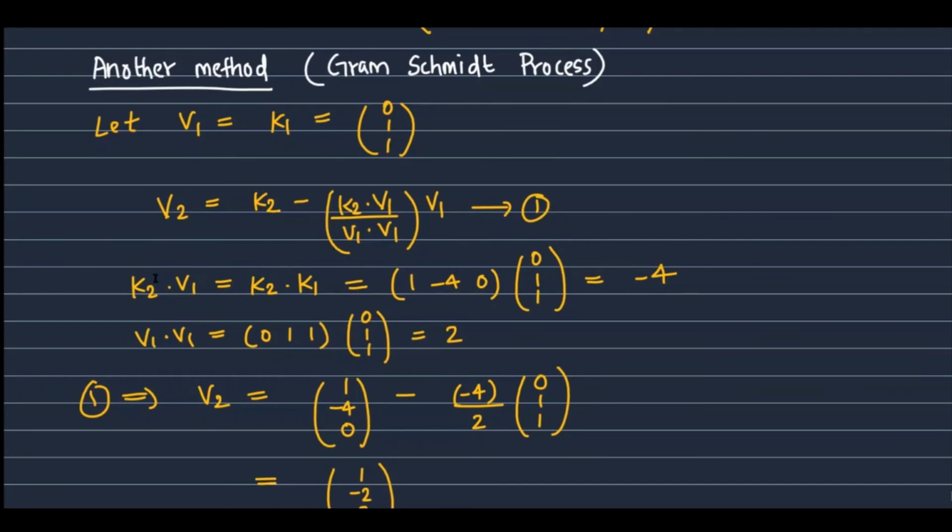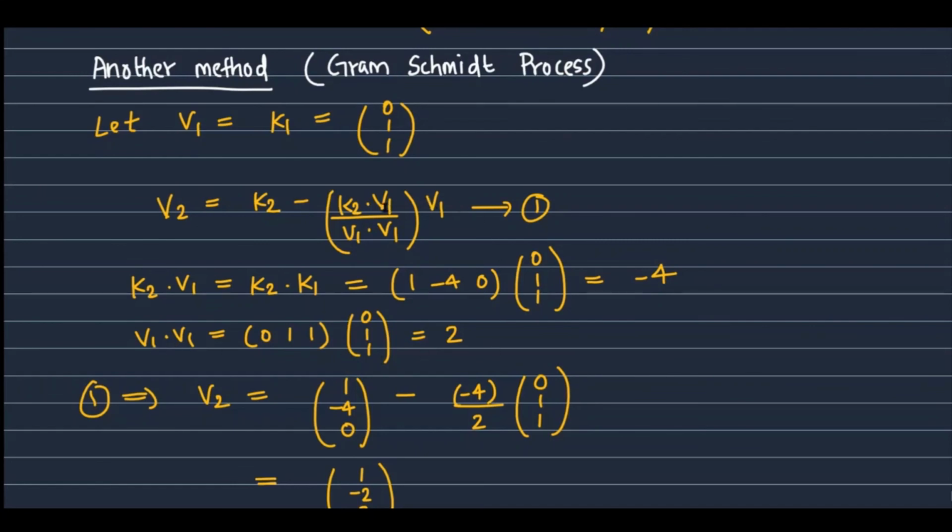So we will evaluate each of the terms and substitute in equation 1. K2 dot V1. Now V1 is nothing but K1. So K2 dot K1 happens to be minus 4. Similarly, V1 dot V1 is 2.